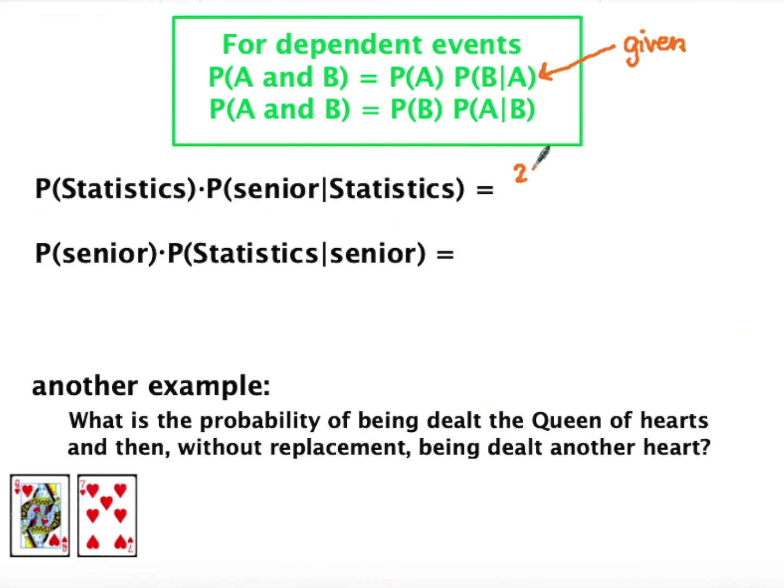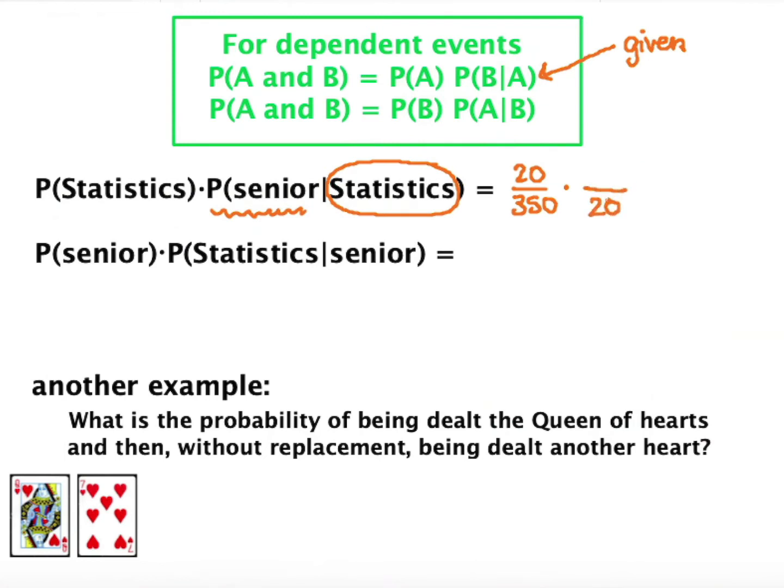So once again, the probability of being in statistics is 20 out of 350. We're going to take that times the probability of senior. Now, the probability of senior was 94 out of 350, but we have to consider the fact that we've already narrowed it down. It's already given that we're looking at a stats student. So if we've narrowed it down to only stats students, then what's the probability of finding a senior?